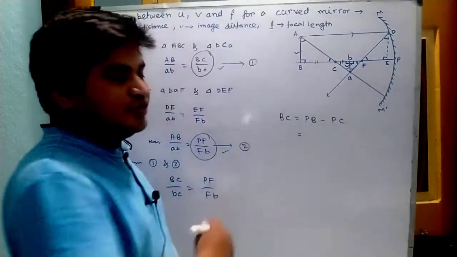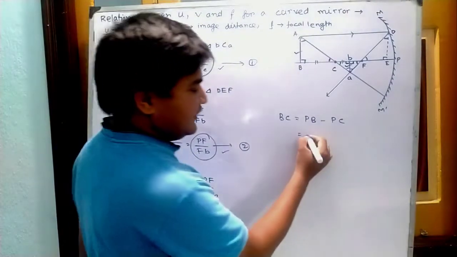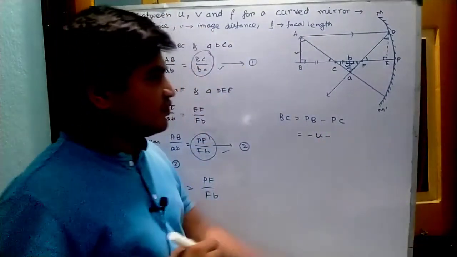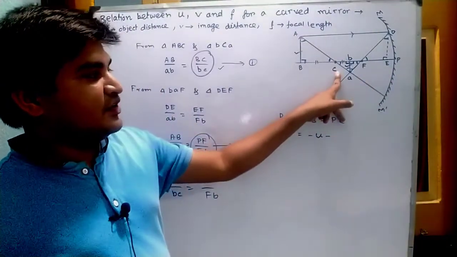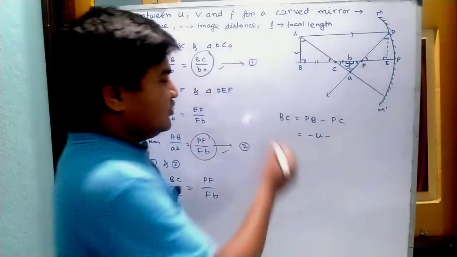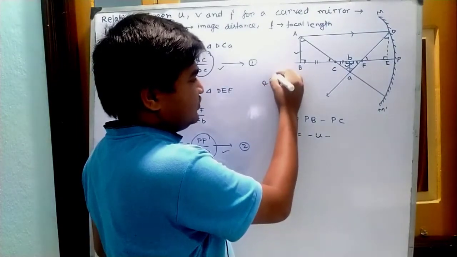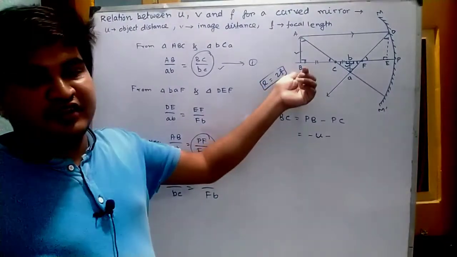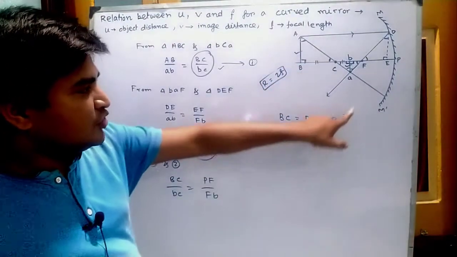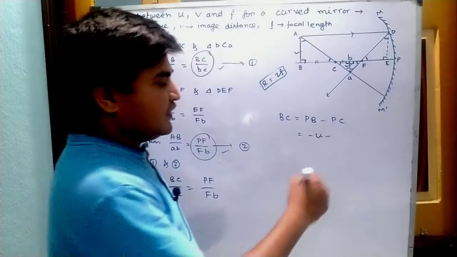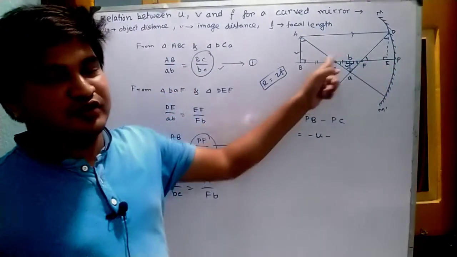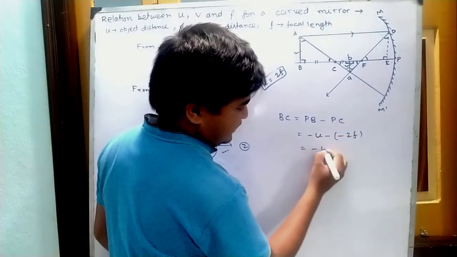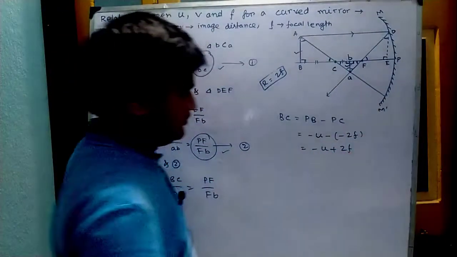It is in the opposite direction of light, so we write it as minus U. Minus PC is the radius. In our last equation we proved R equals 2f, the relation between radius and focal length. So PC equals minus 2f, as this is also in the opposite direction of light. So it equals minus U plus 2f.